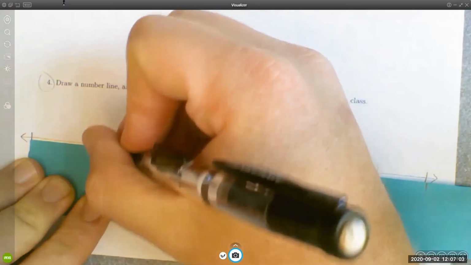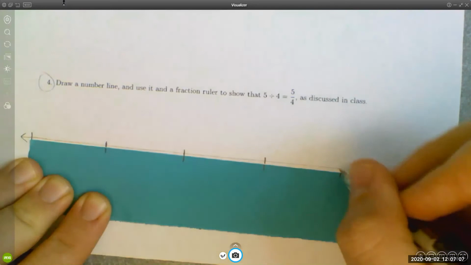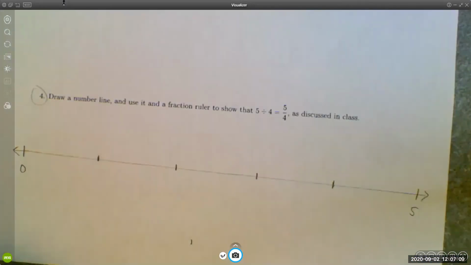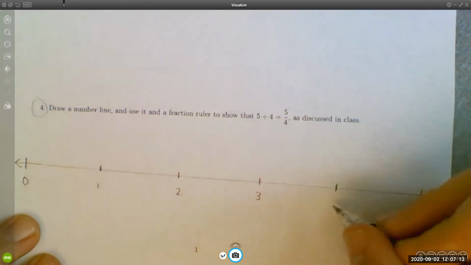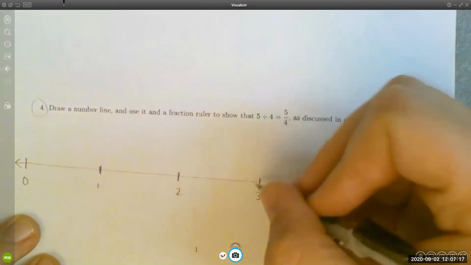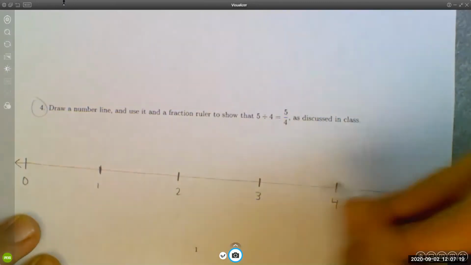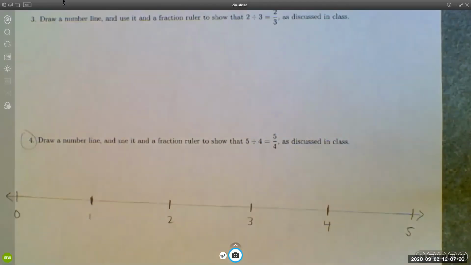So there's 1, 2, 3, 4, and then 5, right? Okay. So now I can do 5 divided by 4, right?